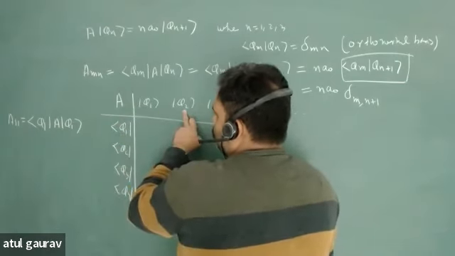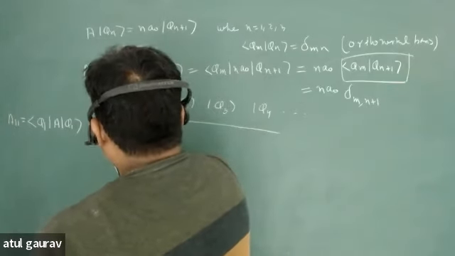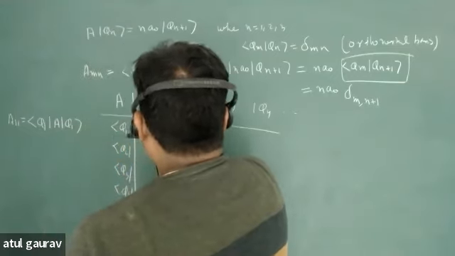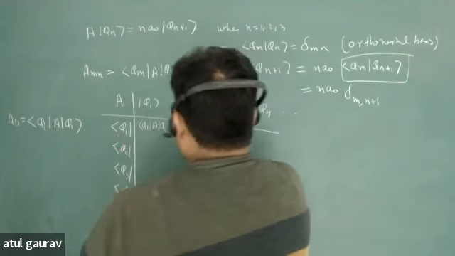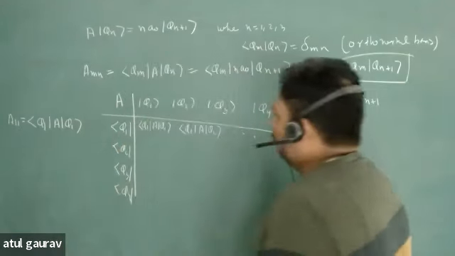Okay. So this element is phi 1 A phi 1. दूसरा एलिमेंट phi 1 A phi 2. उसी तरह से आपके सारे एलिमेंट बनते जाएंगे.